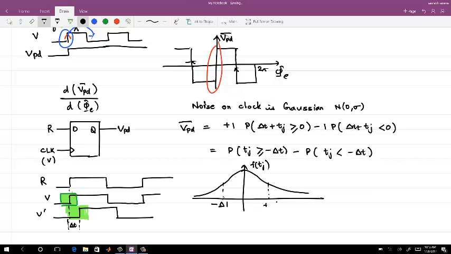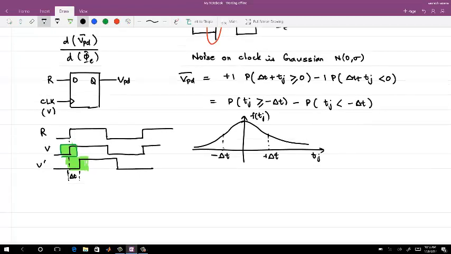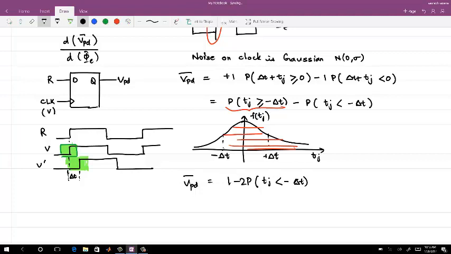This is minus delta t, this is plus delta t. The probability of Tj greater than minus delta t is this region, which is the same as 1 minus the probability of Tj less than minus delta t. So this becomes twice.